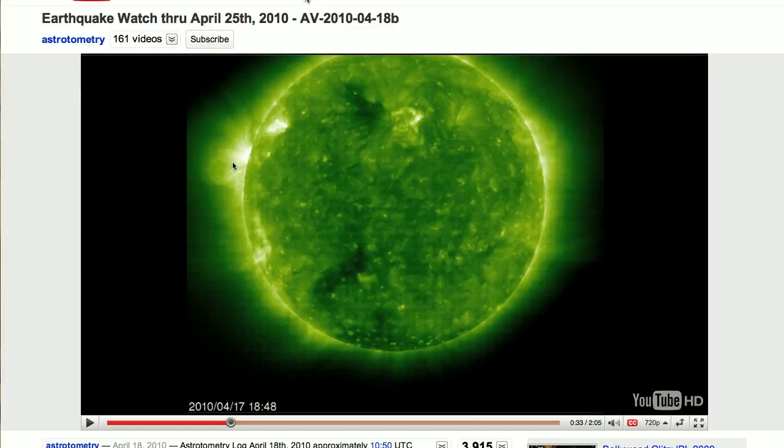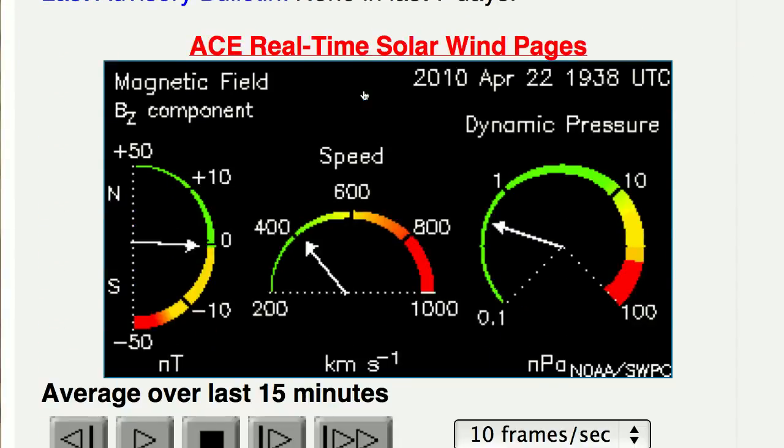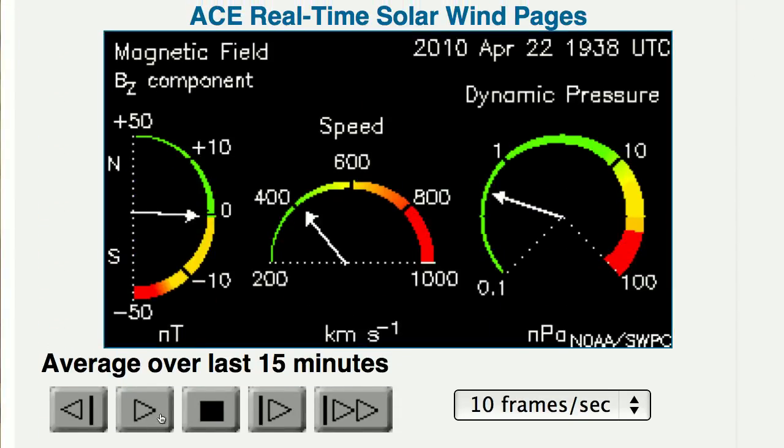That being said, the geomagnetic activity from this disturbance is starting to come in now. We're seeing this disturbance, and I'll go ahead and show you. If you watch the BZ component here, you'll see the fluctuation as the time progresses here on the 22nd.